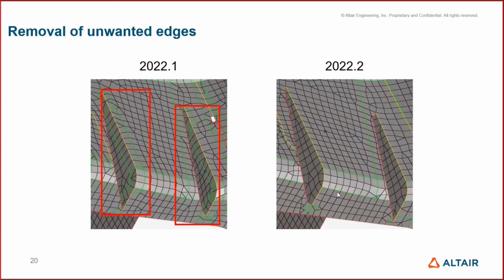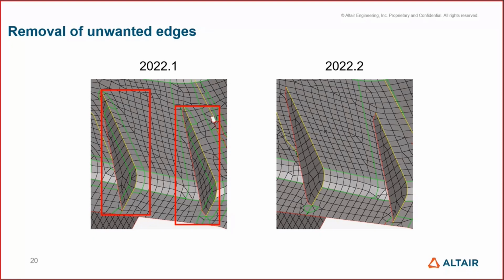Apart from that, in the mid mesh output, we have now removed the unwanted edges that were coming. Basically, those don't have any deviation, and this comes from the ribs which have fillets at the edges, and those fillet edges were getting imprinted. So we wanted to specifically treat these fillets coming from the rib, which we didn't want to capture.